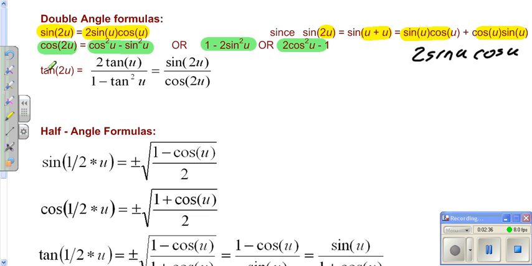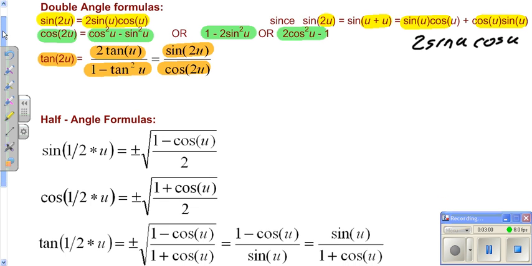We also then have your double angle for tangent, which is given to you with this. And that can also be done by going the tangent of u plus the tangent of u and working that formula out. Or you may choose to think of tangent of 2u as being the sine of 2u over the cosine of 2u. Either one will work and accomplish what you need.